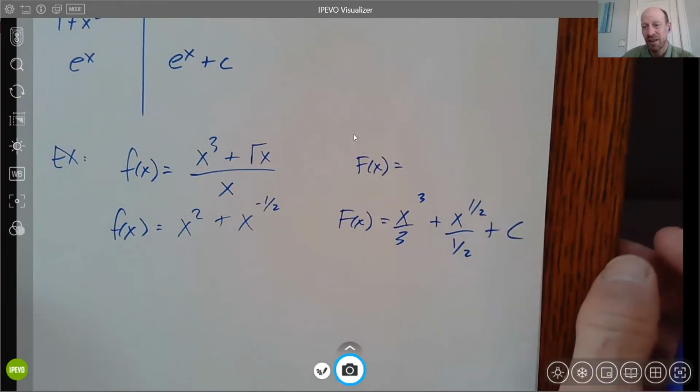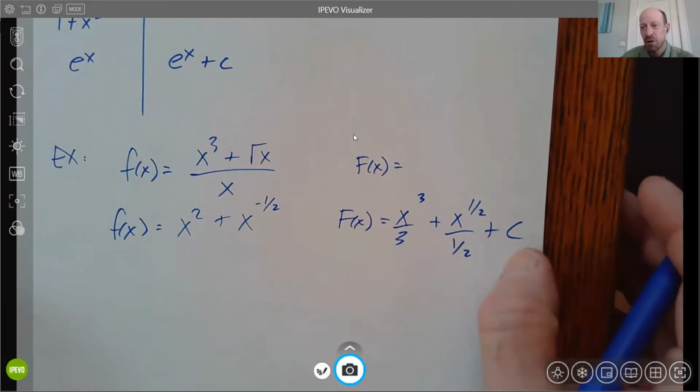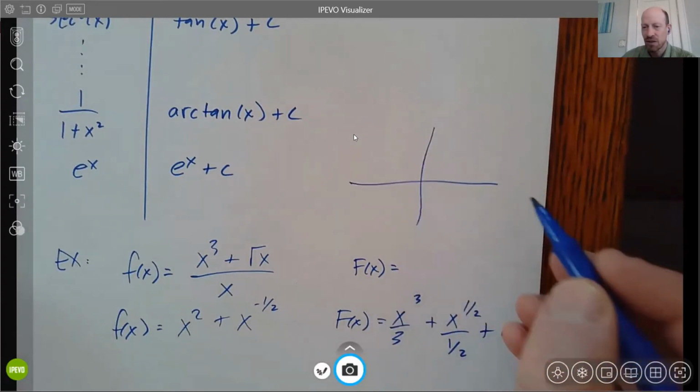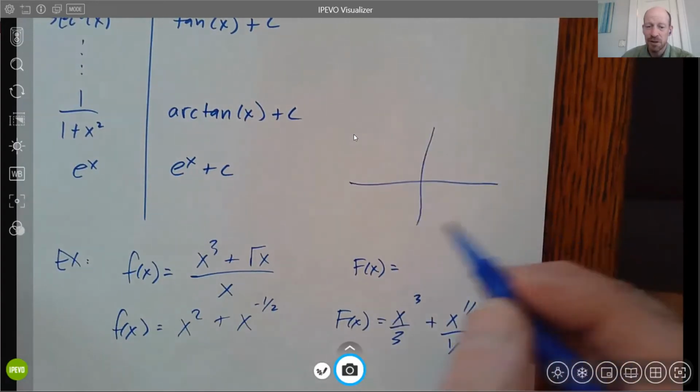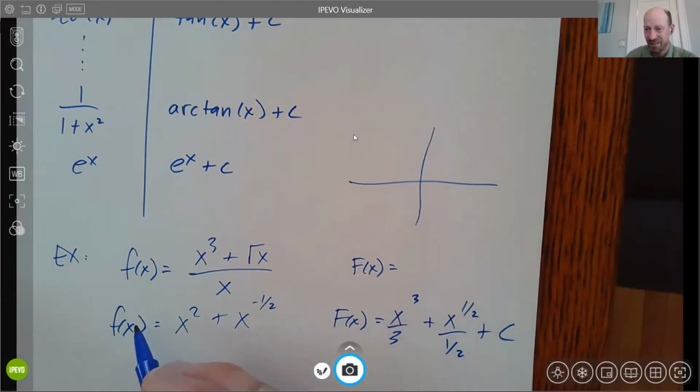In reality, I can only give you a class of functions that look like this, but they could be plus or minus any value. And that makes sense, or should make sense, because remember, the derivative of capital F is this little f. That's the relationship there. And the derivative tells us all about the shape of the function.